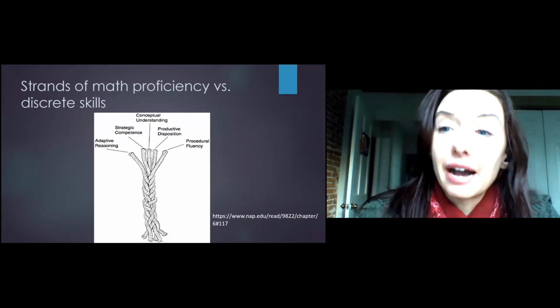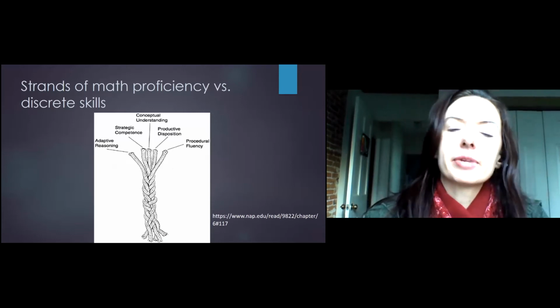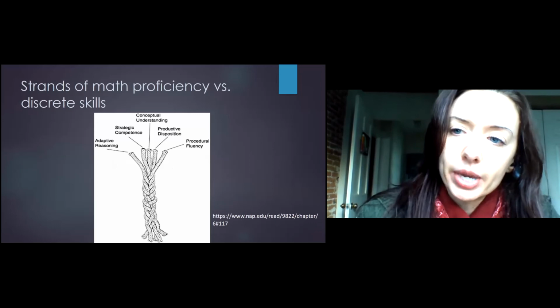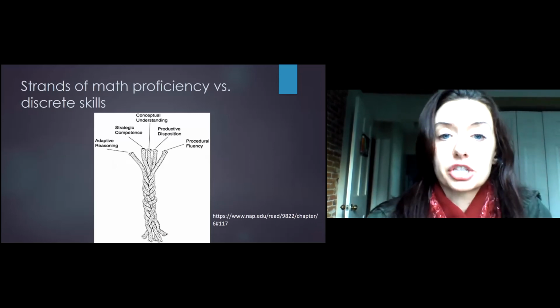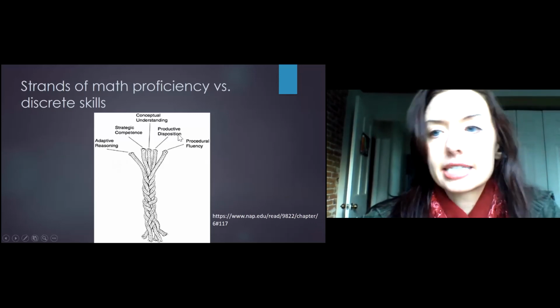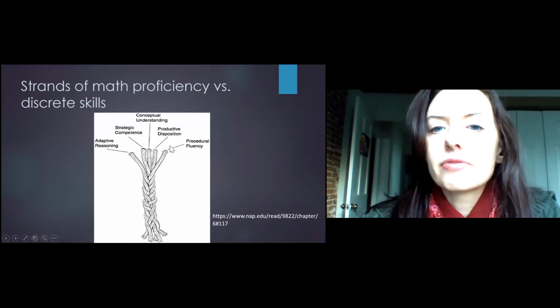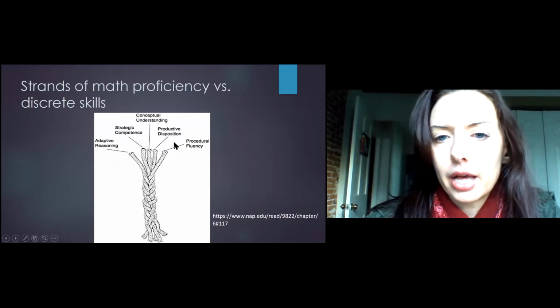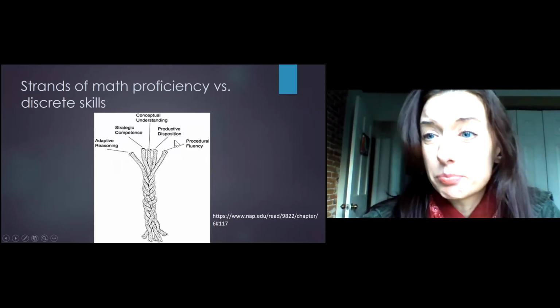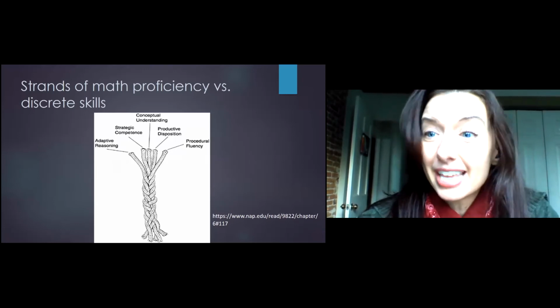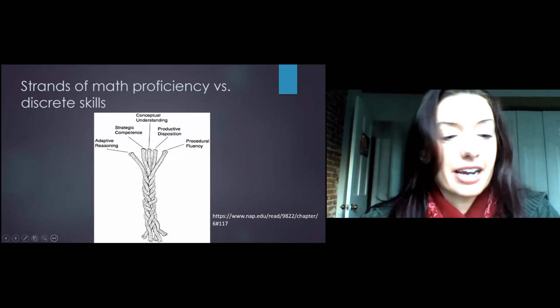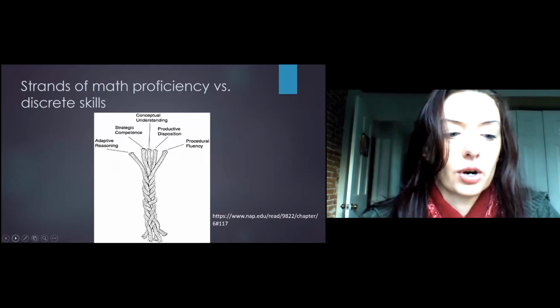We want them to have the reasoning skills. We want them to understand conceptually what's going on before we teach the procedures.